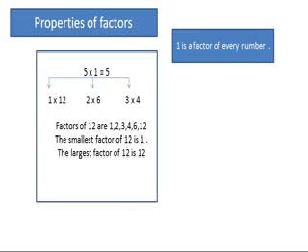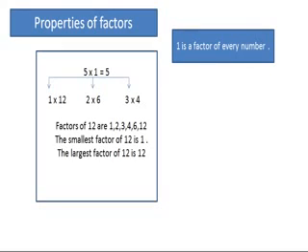Now let's see the important properties of factors. See, 1 into 12, 6 2s are 12, 4 3s are 12. So factors of 12 are 1, 2, 3, 4, 6 and 12. हमेशा जब हम factors लिखते हैं तो हम इनको ascending order में ही लिखते हैं, 1 2 3 4. ऐसा नहीं लिखेंगे 1 12 2 6 3 4, जबकि सभी इसके factors हैं, पर हम लिखेंगे 1 2 3, then 4 6 12.